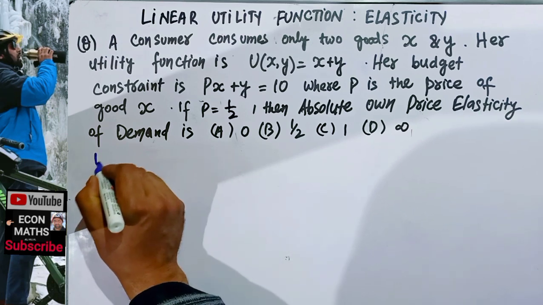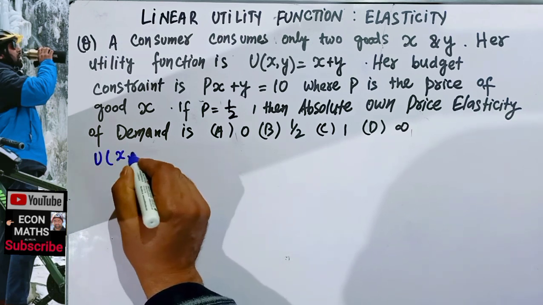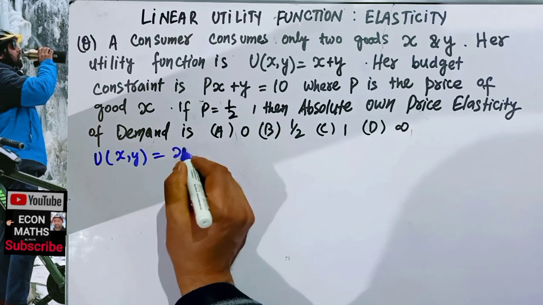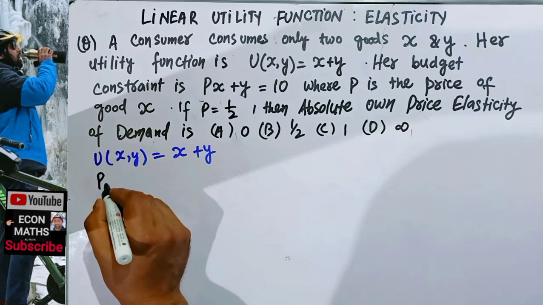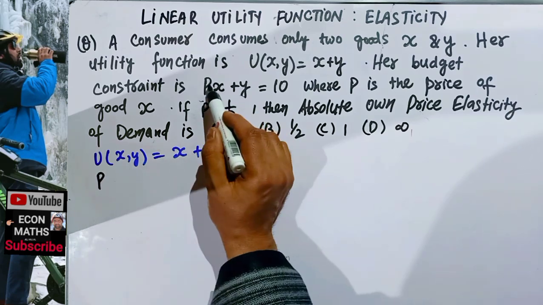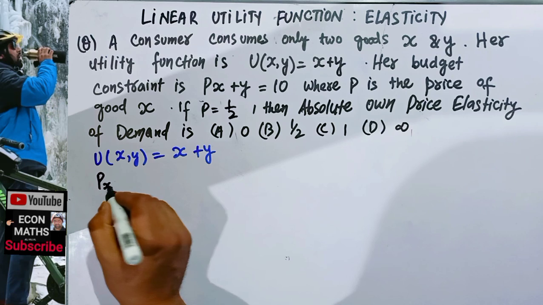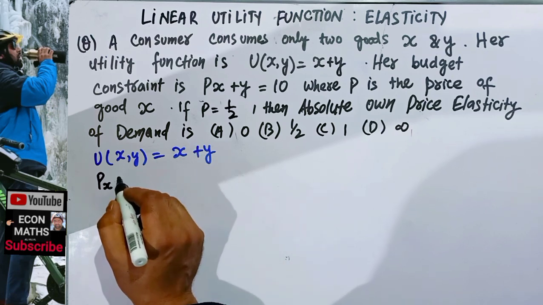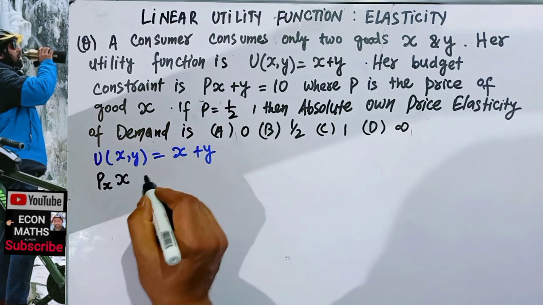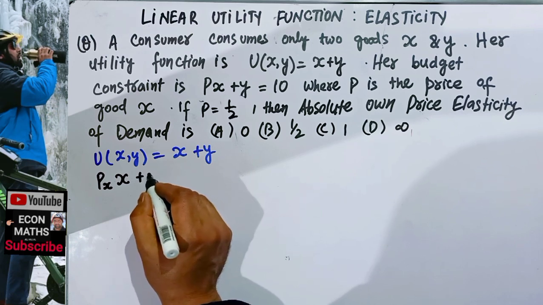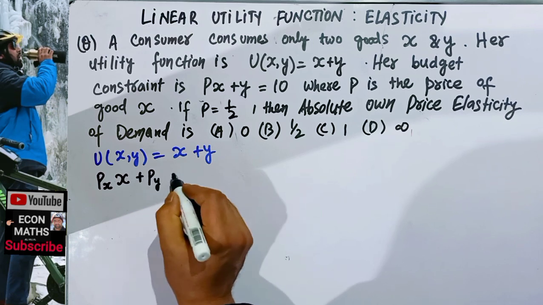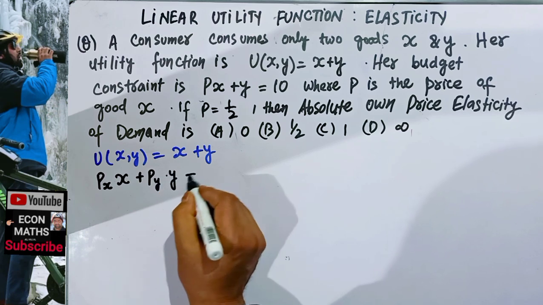So we have the utility function u(x, y) is equal to x plus y. This is our utility function. And budget constraint is P times x. Okay, in place of P, let's write Px, to make sense. Px times x plus py times y is equal to m.